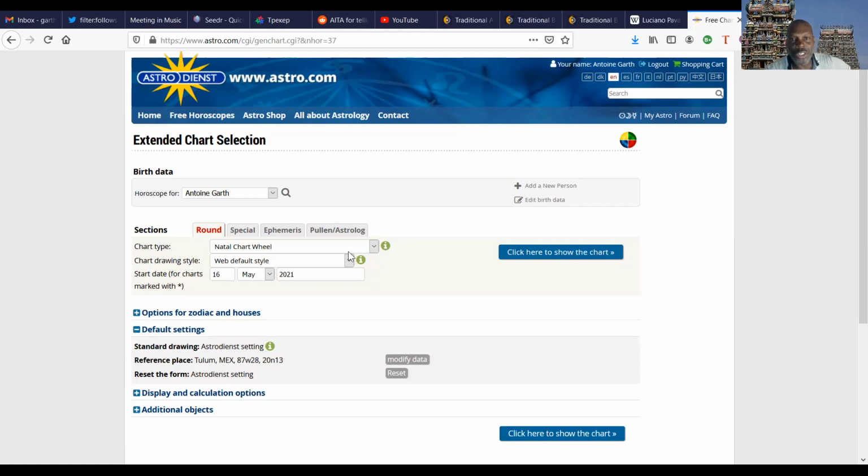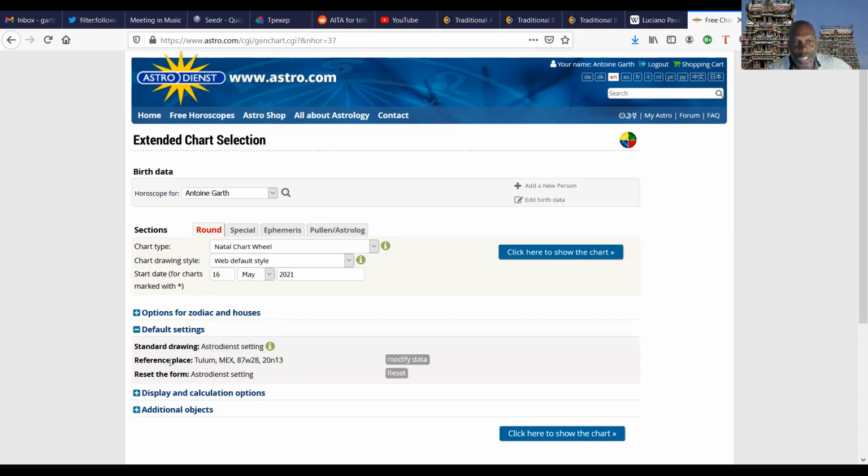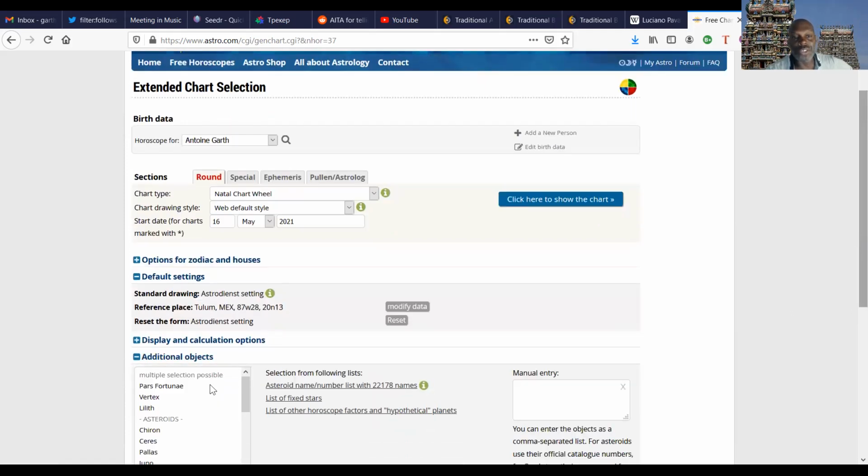So under chart type, you're going to go to solar return, and then under default settings, you're going to change the reference place to wherever you were at the time of your most recent solar return. And then under additional objects, you should click on part of fortune to make sure it's in the chart.